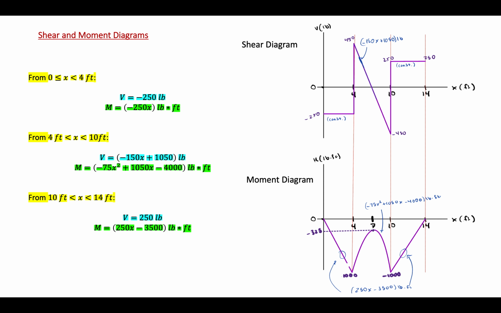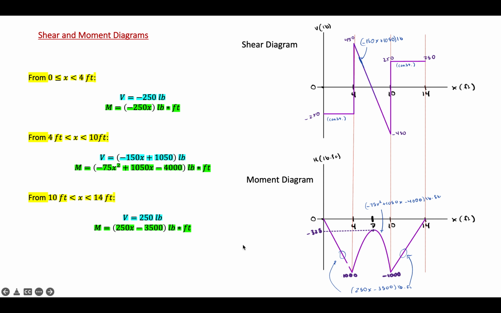If we plug in 4 for x in the shear function, we get 450 pounds, and if we plug in 10 for x, we get negative 450 pounds. For 10 to 14 feet, we get V equals 250 pounds, which is also constant, which gives us the shear diagram.